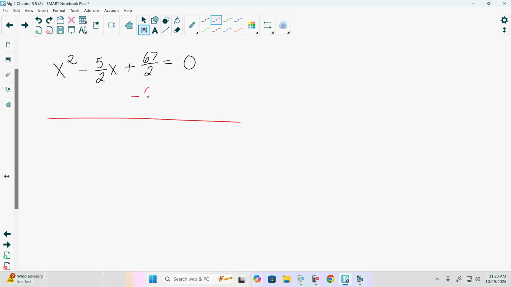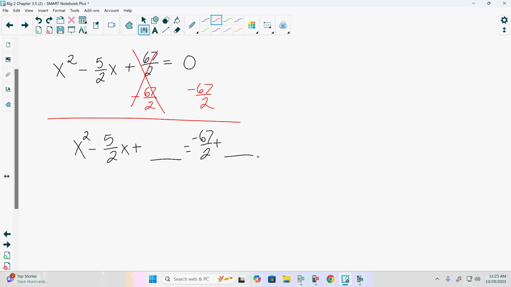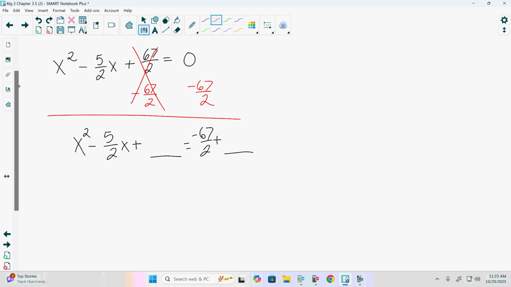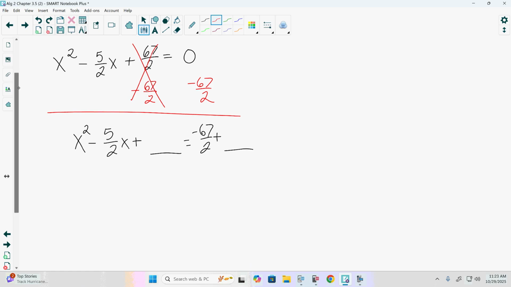Our next step is we need to get the constant terms on one side, variables on the other. So subtracting 67/2 from both sides and leaving 2 spaces. Again, decimals or fractions, it's not making a huge difference.